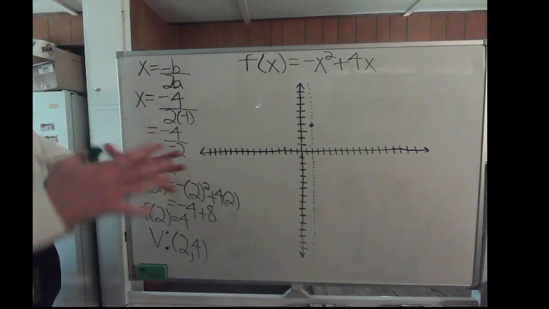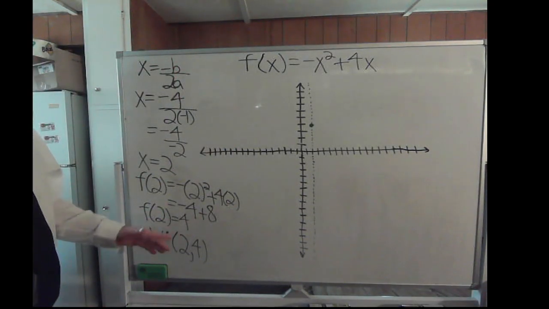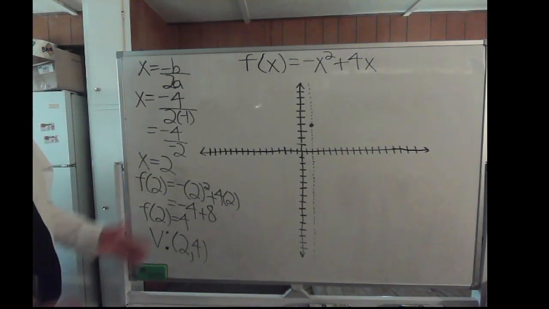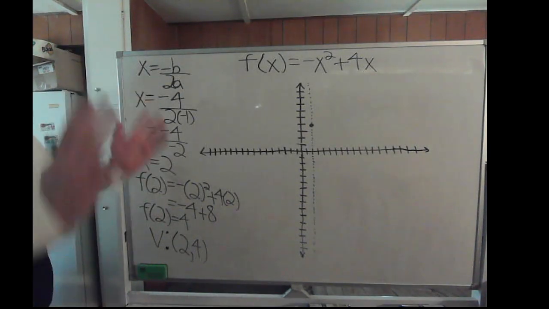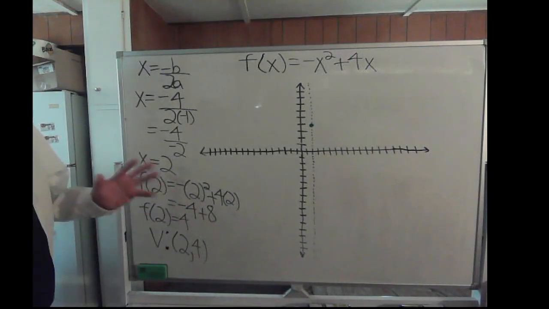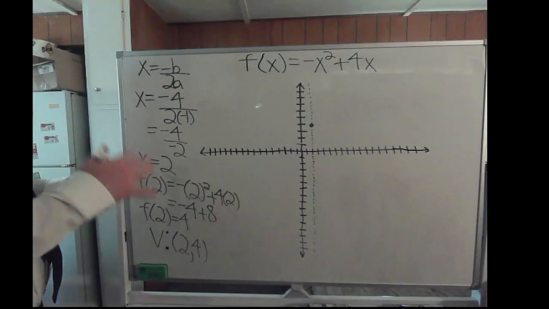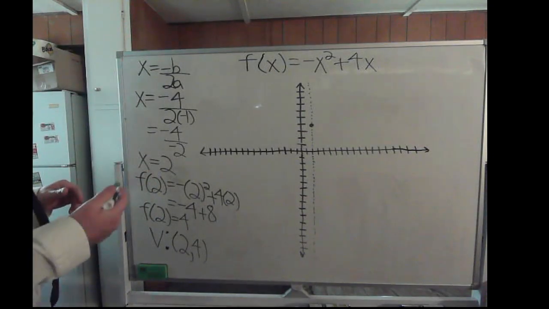Yesterday when the parabola opened upward, the y value you got for the vertex was your minimum value. If your parabola opens downward, that y value is the maximum value of the function.